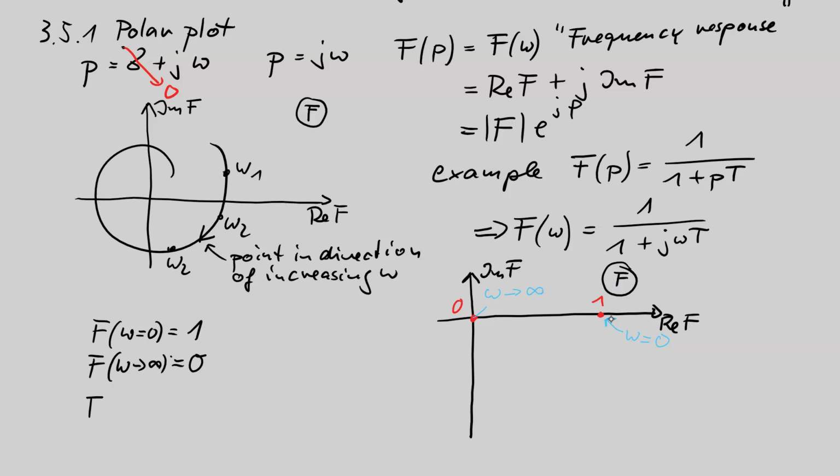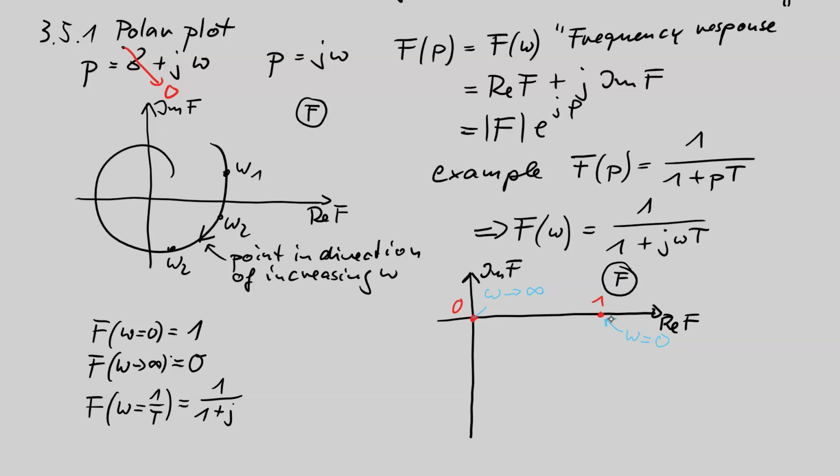The third point, let's do with the following value. If omega is 1 over T, later we will call this corner frequency, what happens with my function? If omega is 1 over T, this is 1, and we have a value 1 divided by 1 plus j.